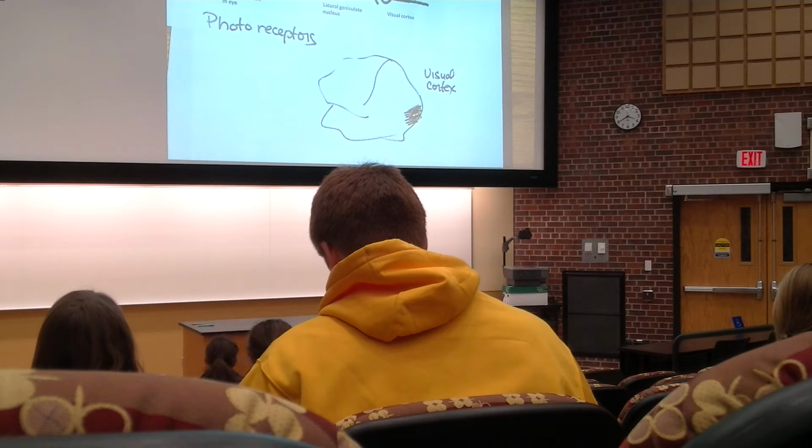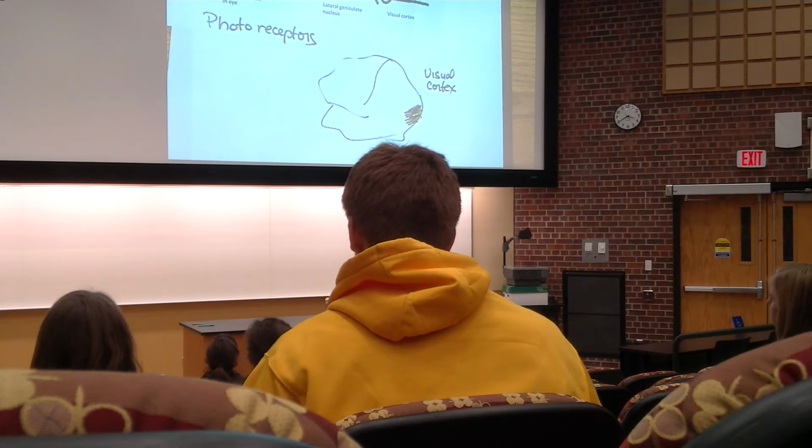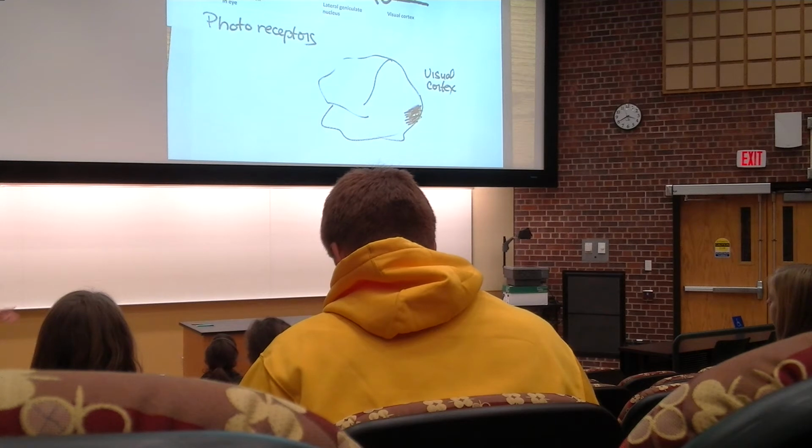If we opened up somebody's skull and artificially stimulated that part of the brain, they would see flashes of light. What happens if you hit the back of your head? Anybody fall and hit the back of their head and not totally lose consciousness? You see stars.